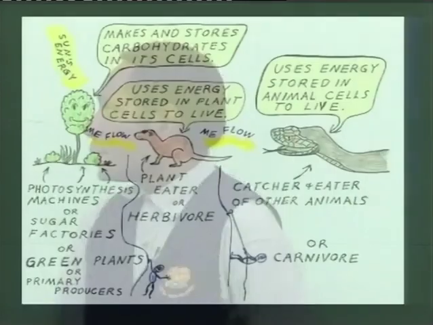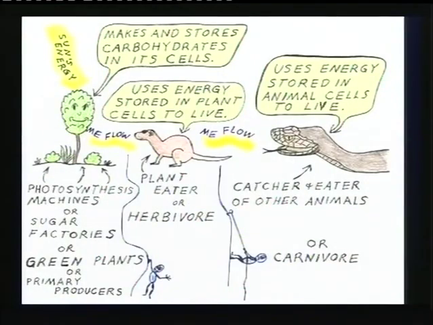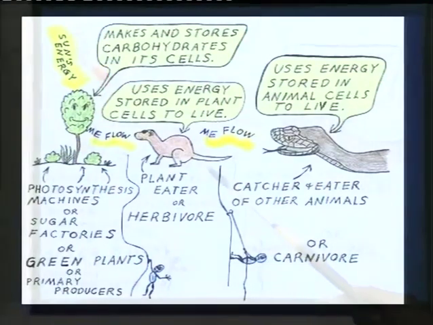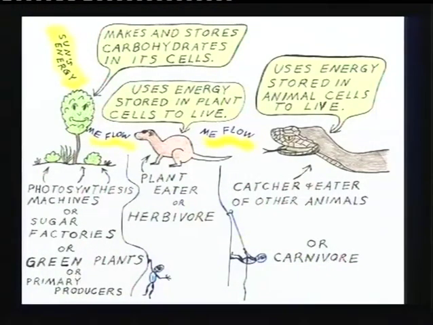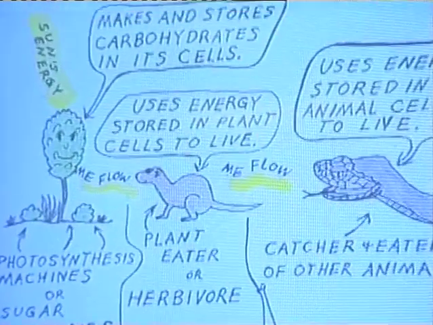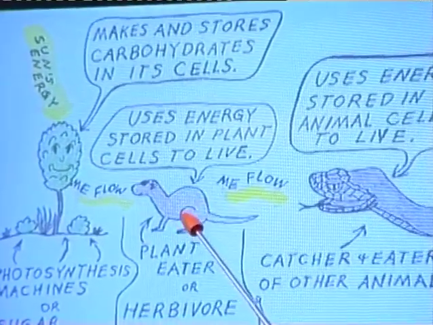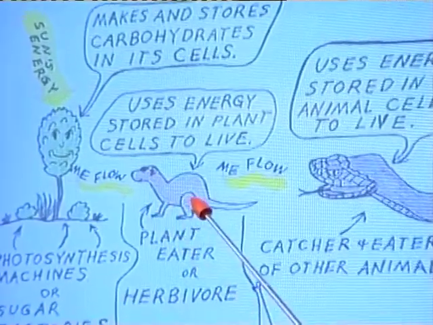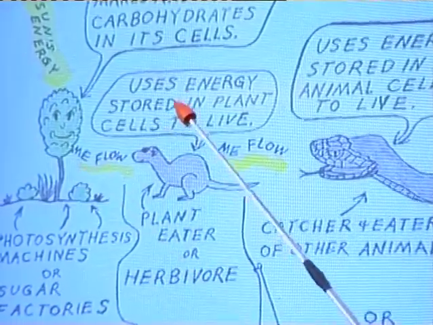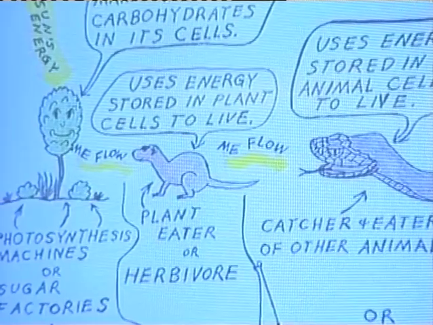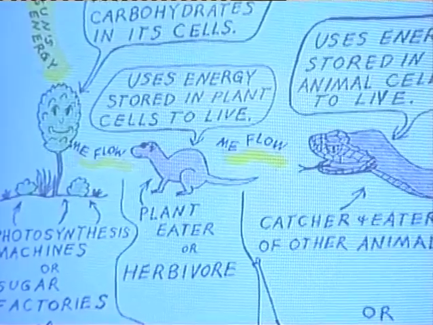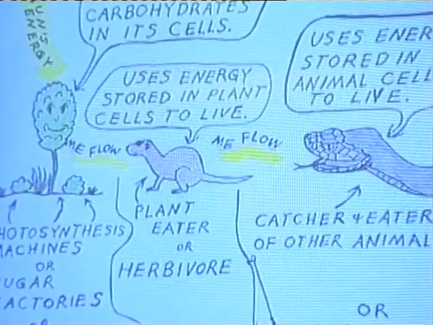Sunlight came down and passed what we call, everyone together? Energy. Okay, energy. Maybe it went somewhat like this. In this food chain, you can see that's the sun's energy. It makes and stores carbohydrates, which we saw in our previous lesson. Then this animal eats that plant and uses the energy stored in the plant cells to live.